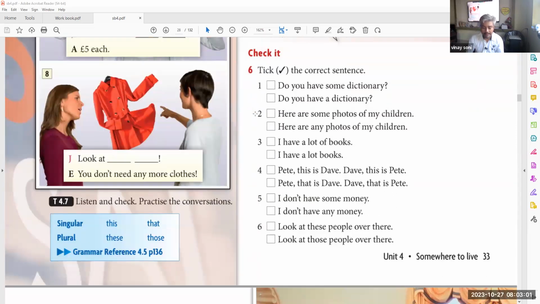Check it section. Pick the correct sentence.